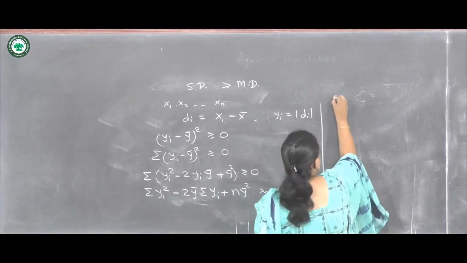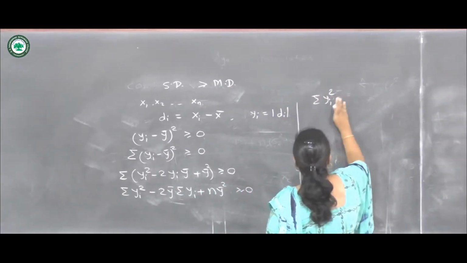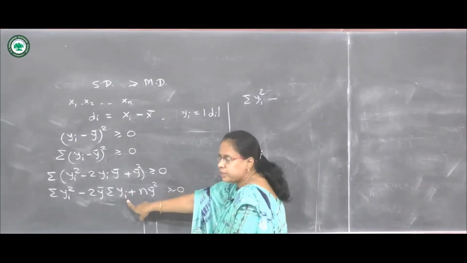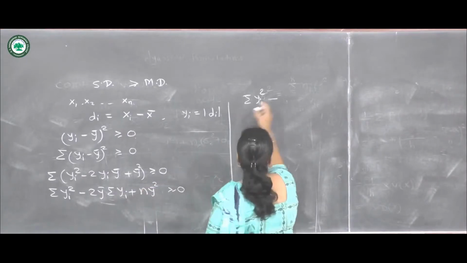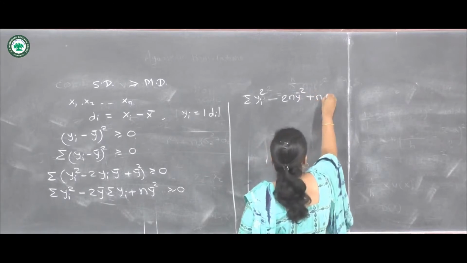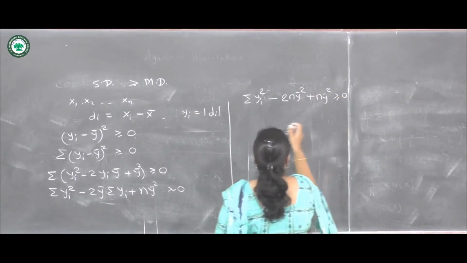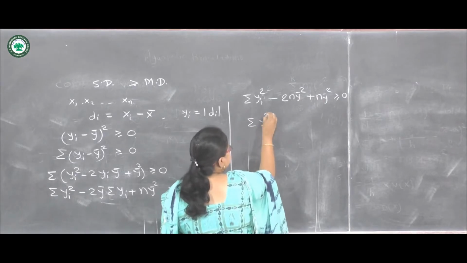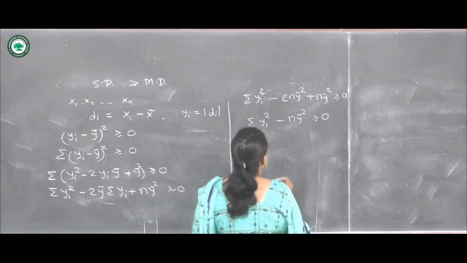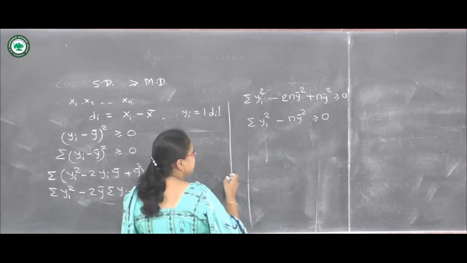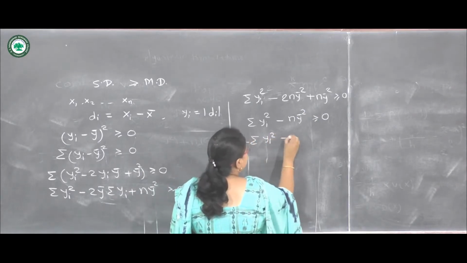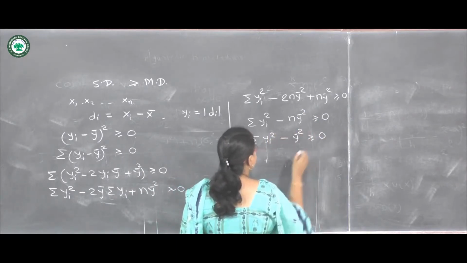Now this will give us summation of yi square minus, since summation yi can be written as n into y bar, 2n into y bar square plus n into y bar square is positive. So summation of yi square minus n times y bar square is positive. Now let us divide both sides by n. So summation yi square upon n minus y bar square is positive.